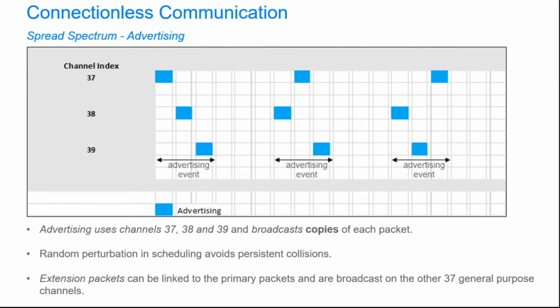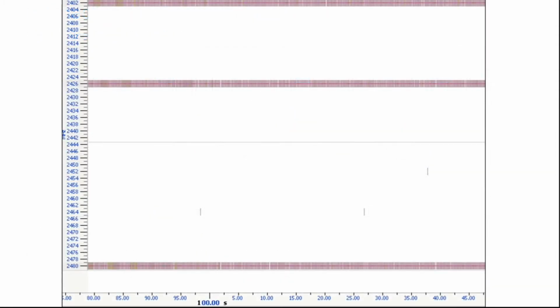You can also do something called extended advertising, which allows additional data associated with the main packets to be distributed across the other 37 general purpose channels. So this is spread spectrum, working in a not dissimilar way to adaptive frequency hopping, but applied to connectionless communication. And this is a screenshot from my protocol analyzer, and it's showing you standard advertising taking place on the three advertising channels.